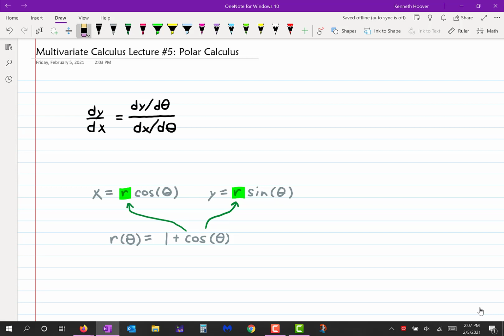Okay, now why that's important is because when you're going to do dx d theta or dy d theta, you have r as a function of theta, and that's multiplied times cosine theta or sine theta. So you have to use the product rule when you do that derivative, okay? So here's what we're going to do.